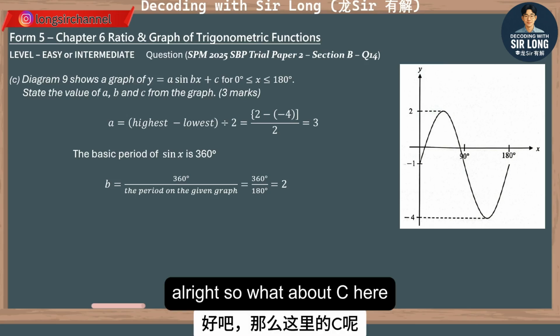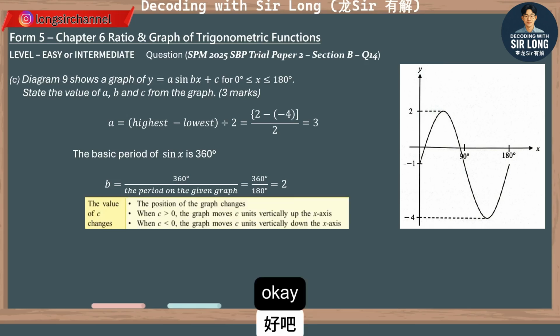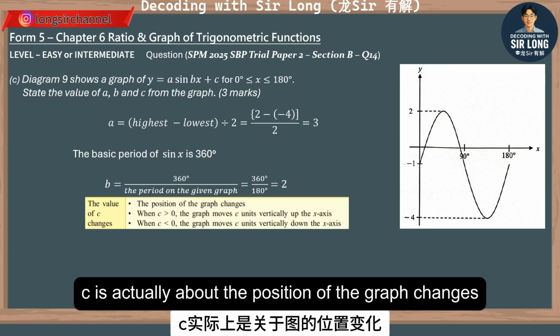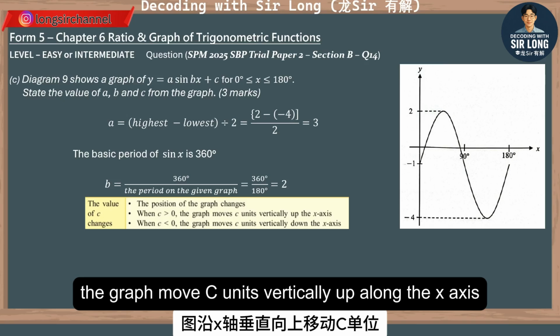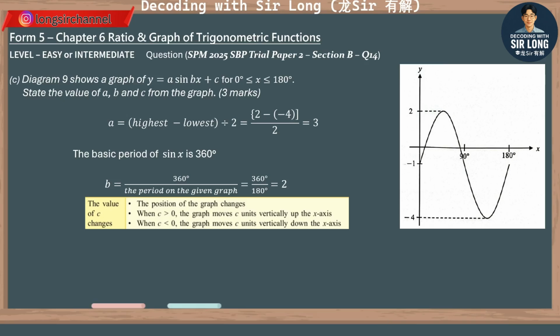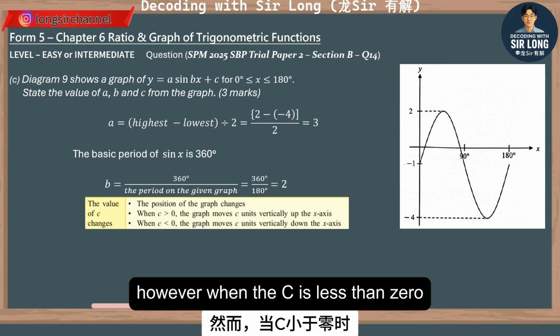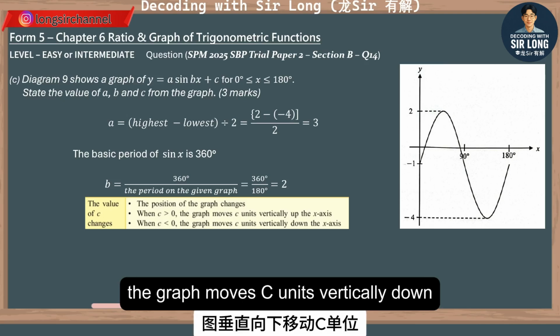Alright, so what about c here? c is actually about the position change of the graph, right? When c is positive, the graph moves c units vertically up along the y-axis. However, when c is less than 0, the graph moves c units vertically down.